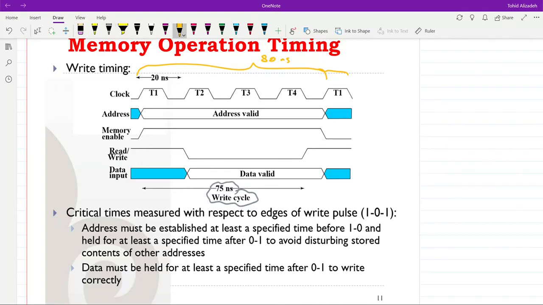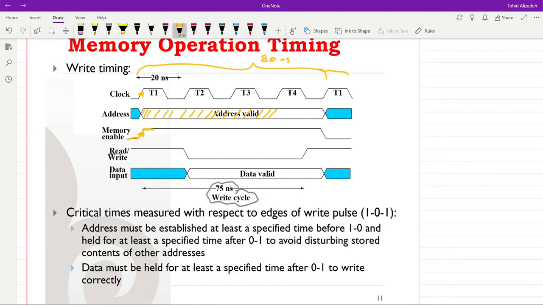The operation starts like this. At the rising edge of the clock T1, the address line will be valid. So with this, we determine where we are going to write the new incoming data. The memory is enabled at the same rising edge of the clock.